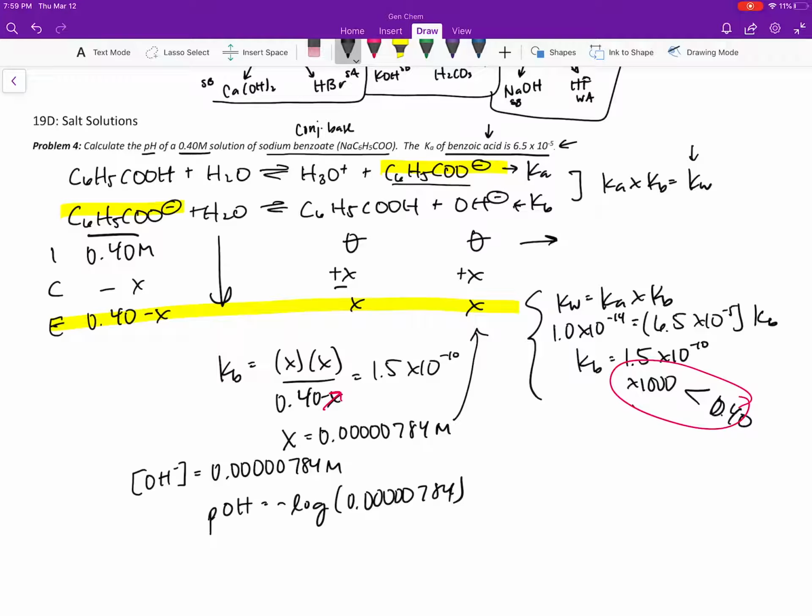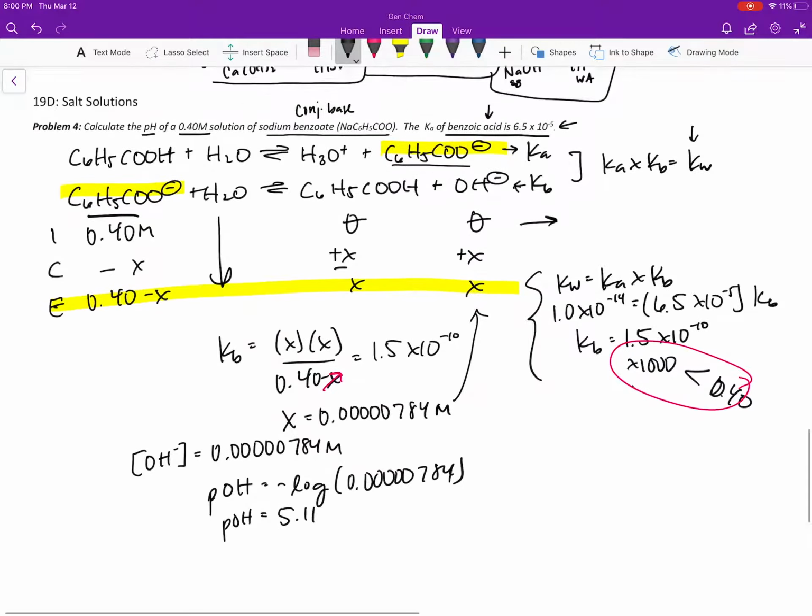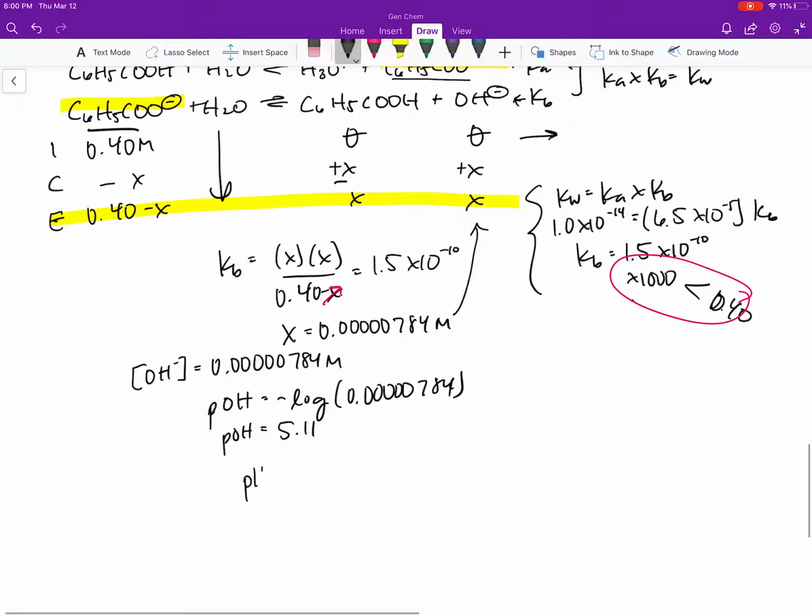So when I solve for that, the pOH is going to be 5.11, but the problem asks for pH, so we're going to use pOH plus pH is equal to 14, and we end up getting a pH of 8.99.